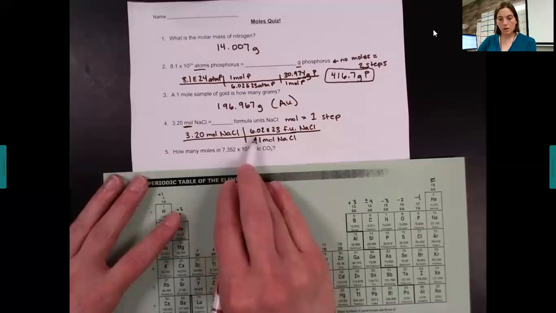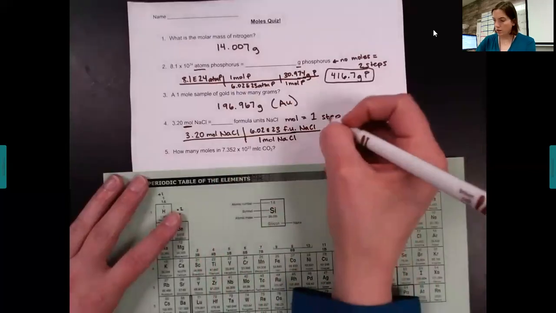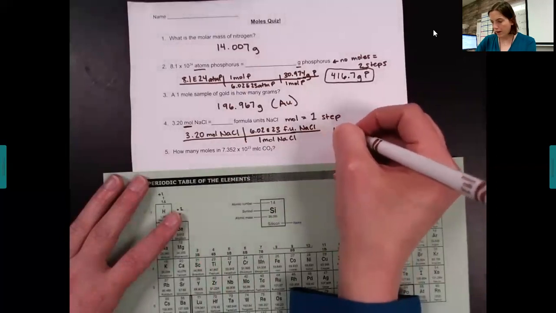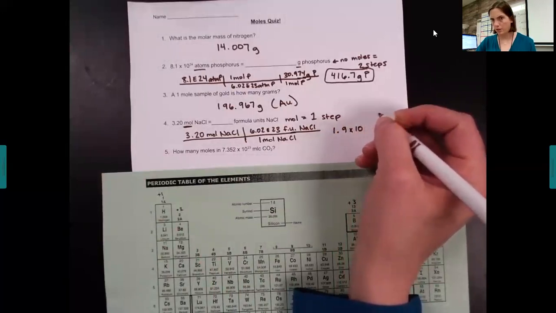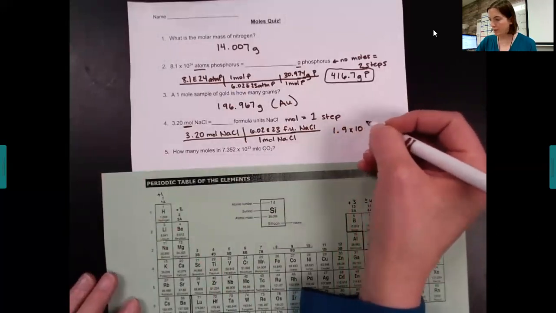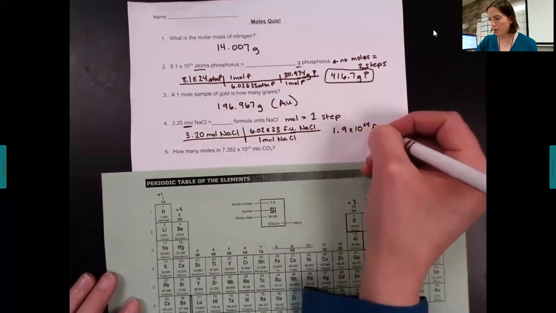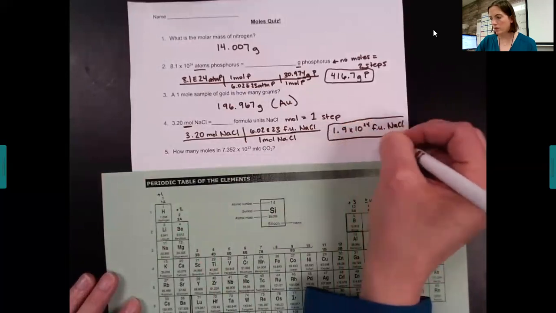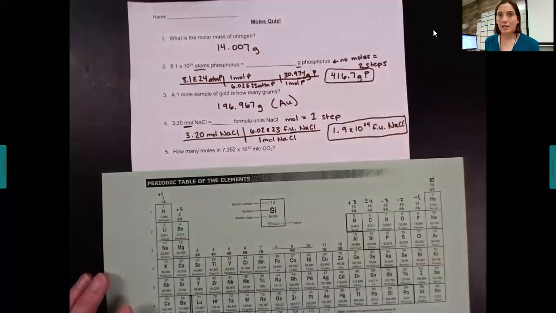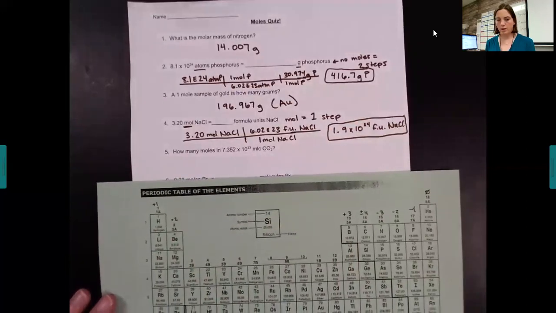So this answer should be 1.09. Remember, we're going to say times 10 instead of E because we're people, not calculators. Talk like a person. 1.09 times 10 to the 24th formula units NaCl. Do not say E24. We are not calculators.